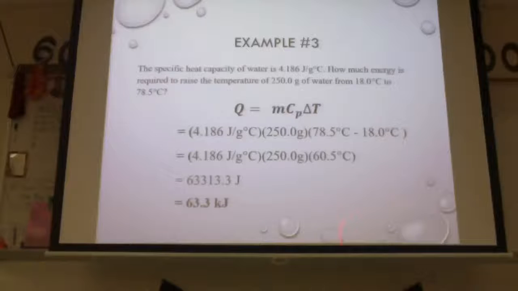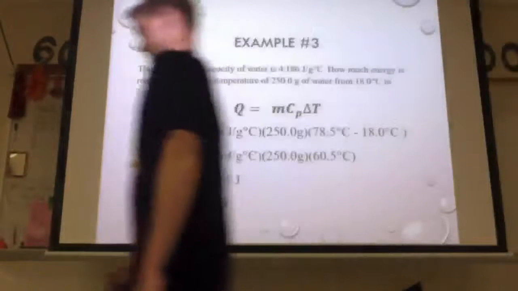Either way works. How many calories is that? Divided by 4.18. Wait, I thought it was divide. Oh, divide this by 4.18. It's 15.14. Oh, you want me to do it by that number? Yes.